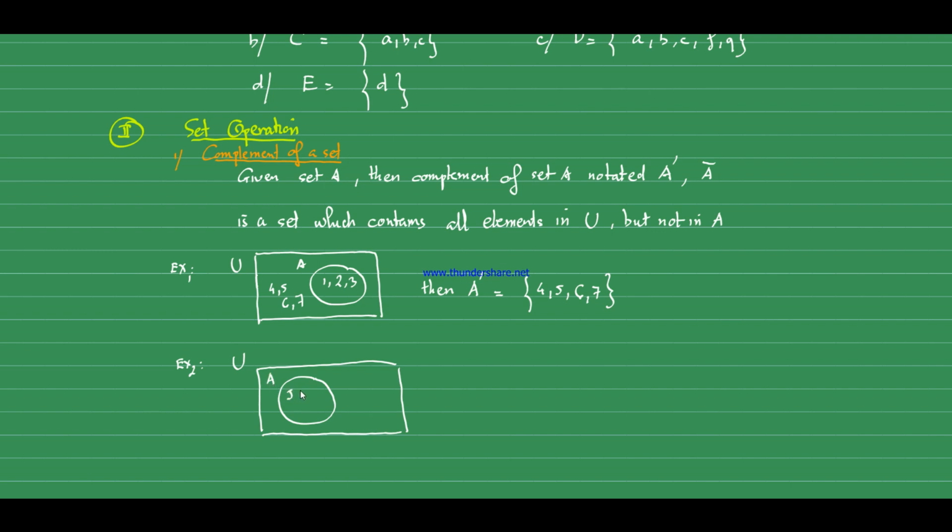They have Jack, King, and Queen. And outside here we have heart, spade, heart, and diamond. So the complement of set A will be a set including spade, heart, and diamond.